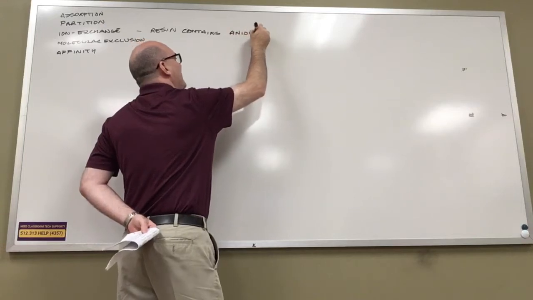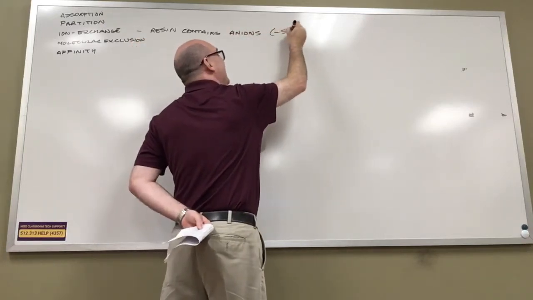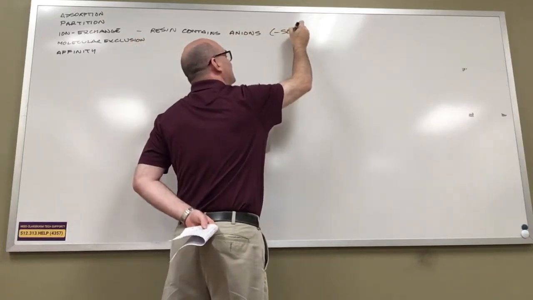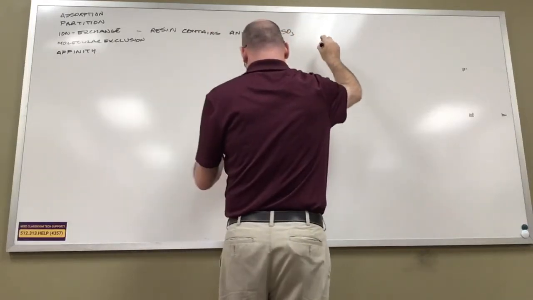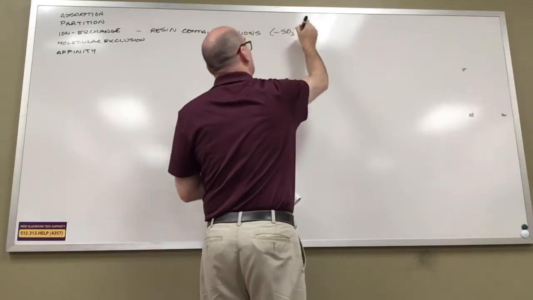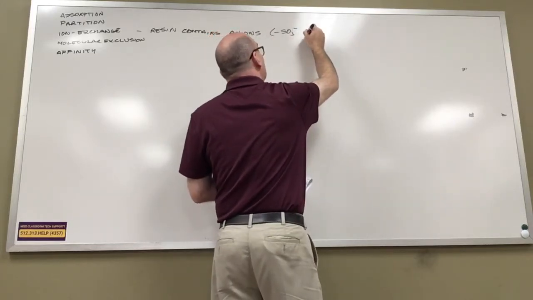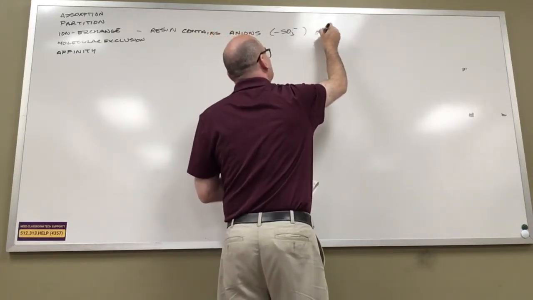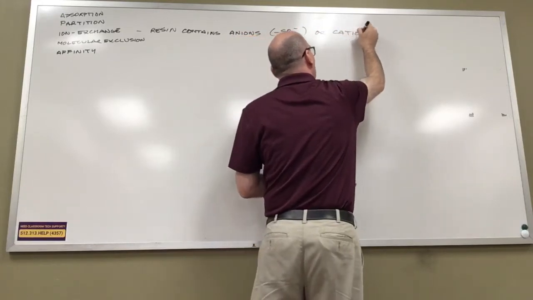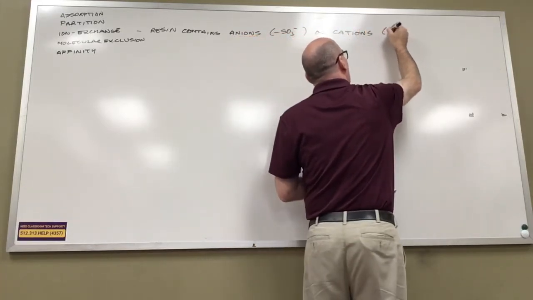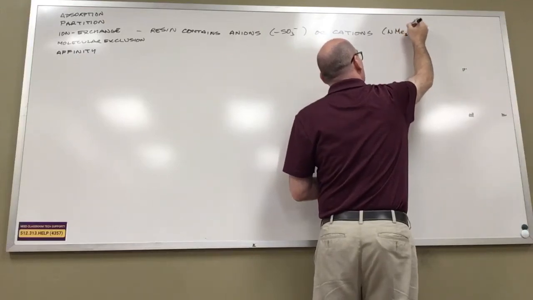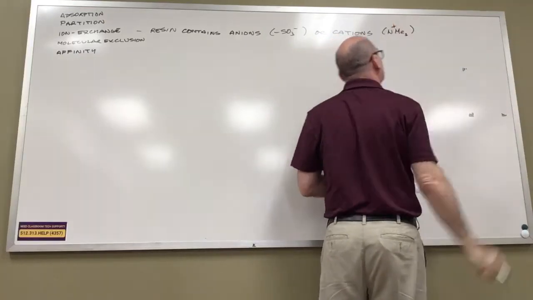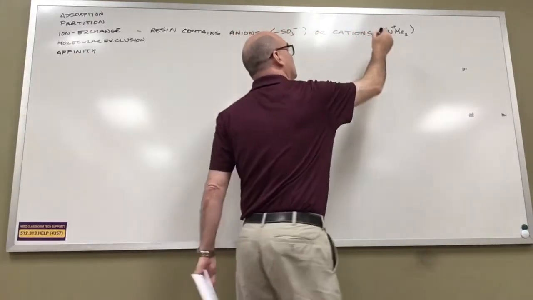So if it's an anion, they're typically sulfates that are tied at this end. That'll be a sulfite. Or they have protonated amines.